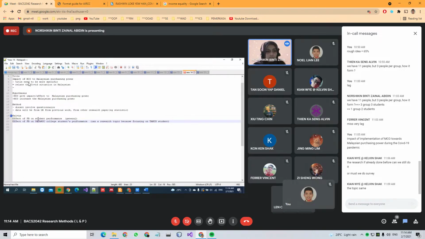If this research hasn't been done before, to see the relationship between Facebook and students, then okay, can. But if a researcher already studied the relationship between Facebook and students, then cannot.